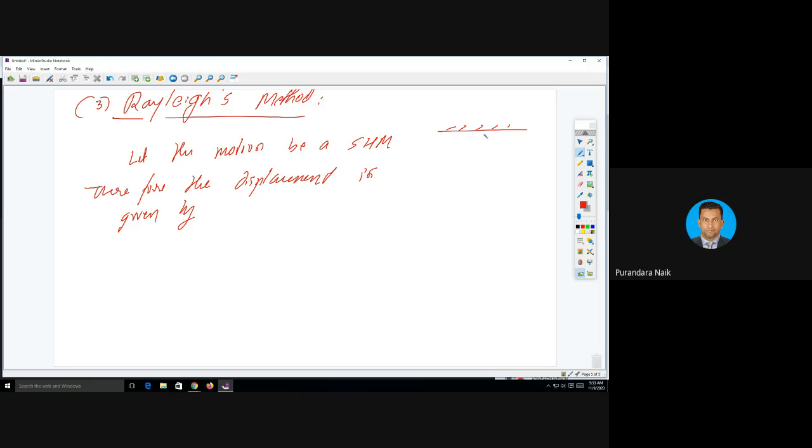Let's take a figure. Copy this figure. M. So the distance traveled by the mass is x.